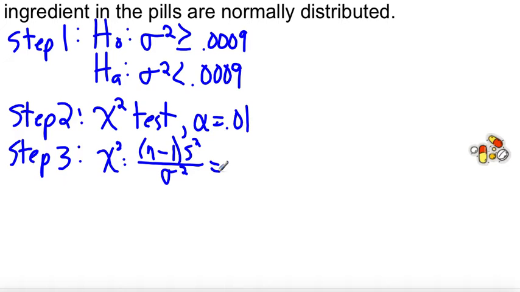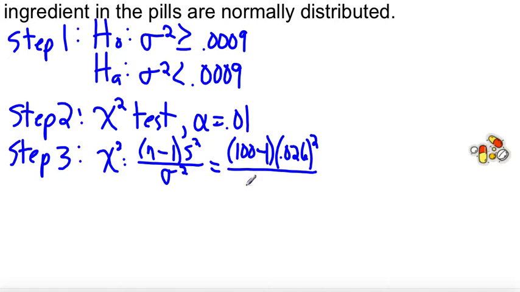Okay, n was 100 because we took a sample of 100, so we have 100 minus 1. S is the standard deviation from the sample that we took, which was 0.026. And then the sigma squared, this comes from the hypothesis test.